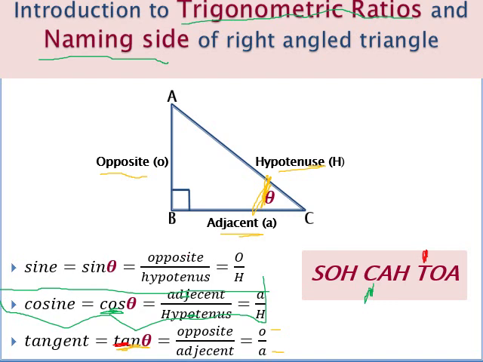Now let's look at the last one, the TOA. That O is for the opposite, and that A is for adjacent, which summarizes this whole trigonometric function. In summary, that is SOHCAHTOA.